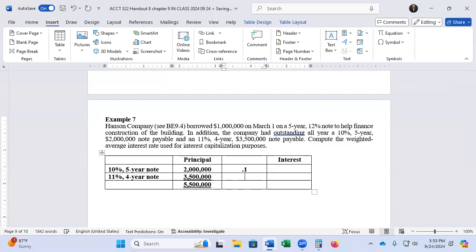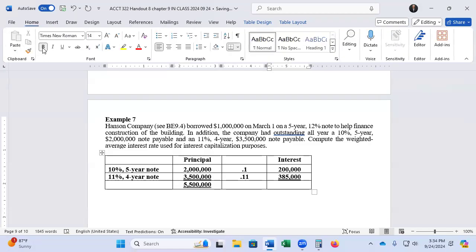This is 0.1 for 10%, 0.11 for 11%. And so we calculate the interest. The first one would be 200,000, and the second one would be 385,000. And this would be 585,000.